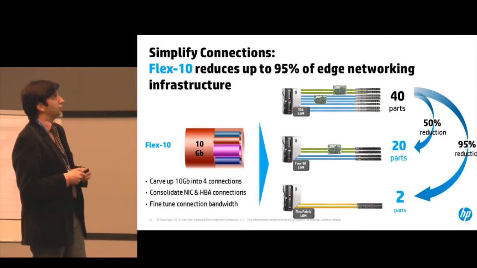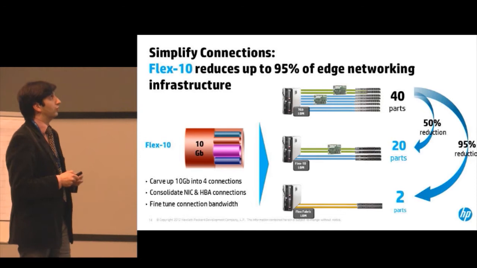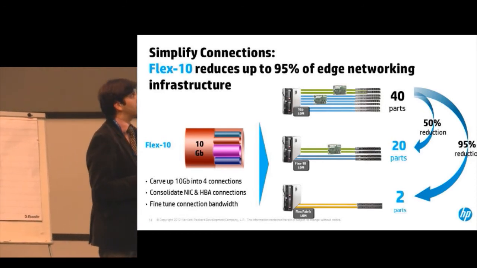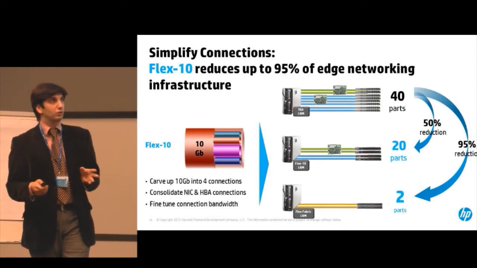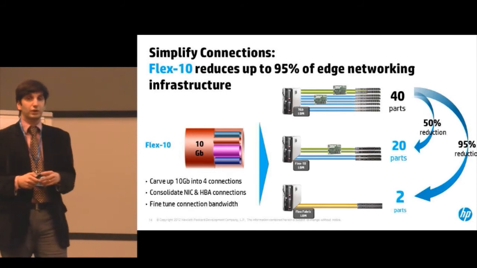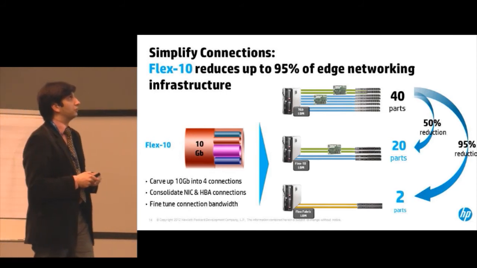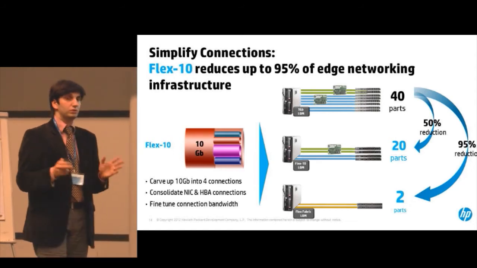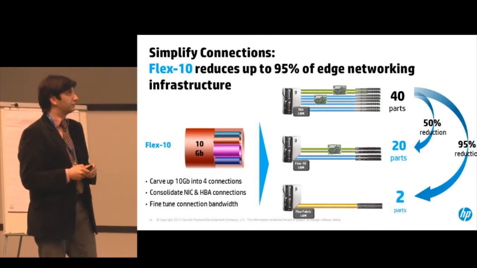So we have to use the 2 standard integrated LAN ports, we have to use 4 additional network ports, we have to put an additional card in to use storage ports, and we have to put 8 connectivity modules at the back of the enclosure. If we calculate it for 16 servers, we get 16 times 2 for the adapters, 32, and 8 Virtual Connect modules, 40 different hardware parts.